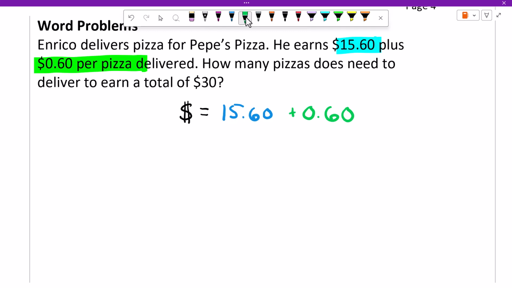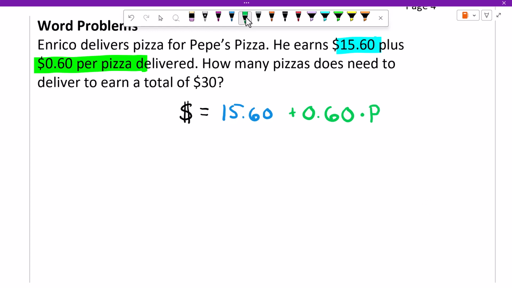How do we change this? Because we don't know how many pizzas he's going to deliver. If he were to deliver 2 pizzas, how much money would we add on? 120 cents, or $1.20. 3 pizzas? 180. You're just multiplying this number by how many pizzas he delivers. We don't know how many pizzas he's delivering, so this is where we have to use a letter.